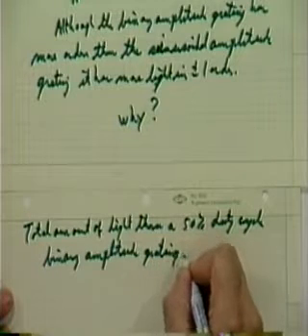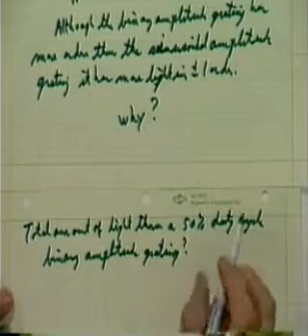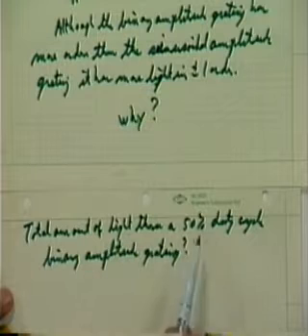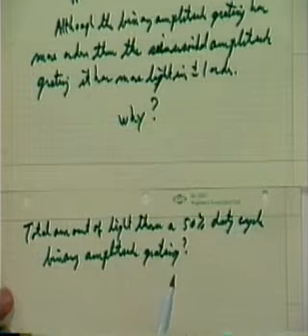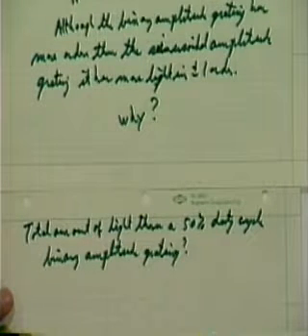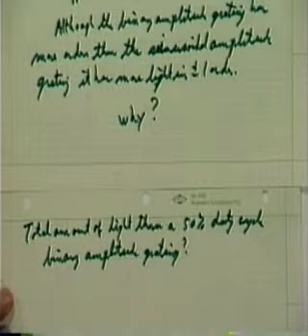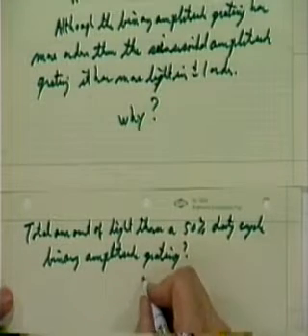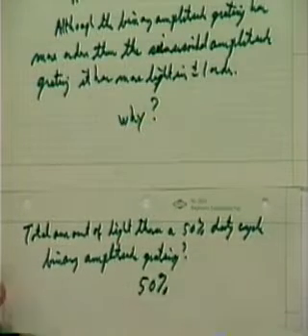So how much of the incident light gets through this 50% duty cycle binary amplitude grating? Tough question here. 50%. Very good. Does anyone disagree with that? Okay. Good. People are awake.